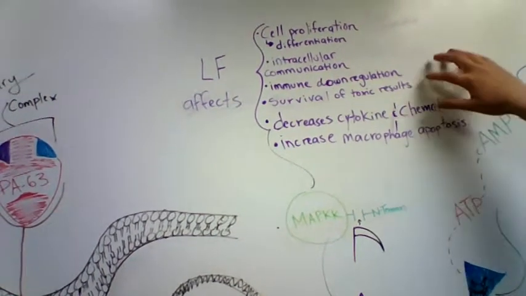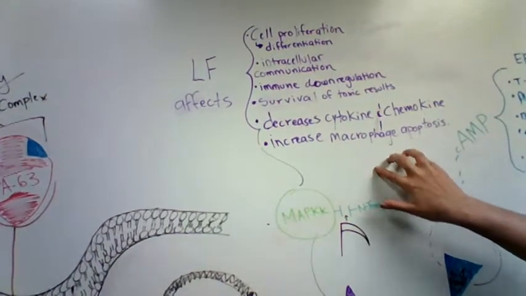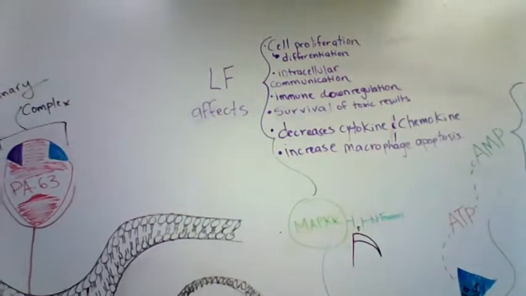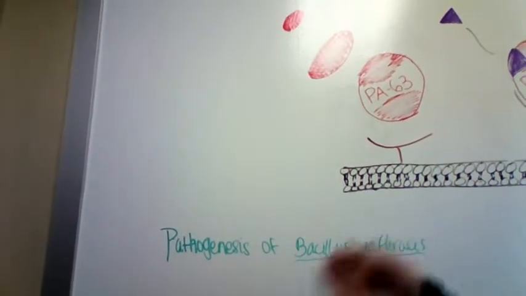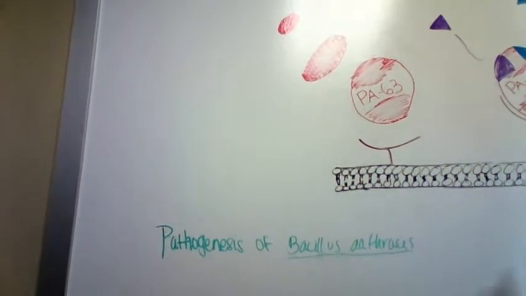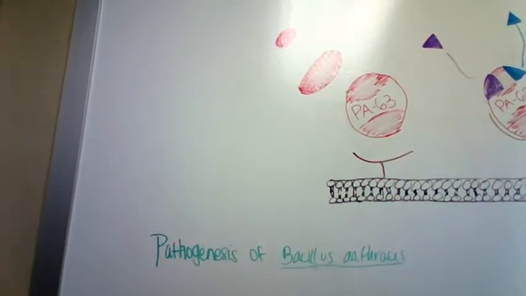And last but not least, with all this immune response decreasing, this also increases the survival of toxins. As mentioned before, once the pathogenesis of Bacillus anthracis occurs, this bacteria causes bacteremia, toxemia, sepsis, and septic shock.